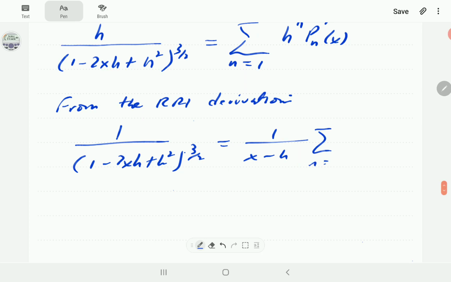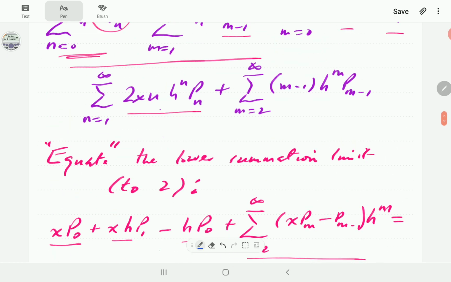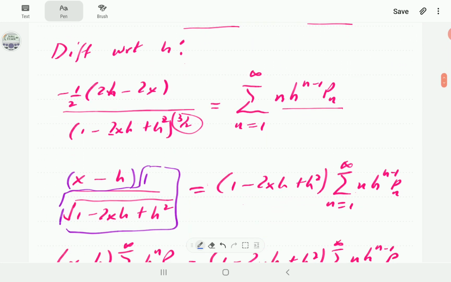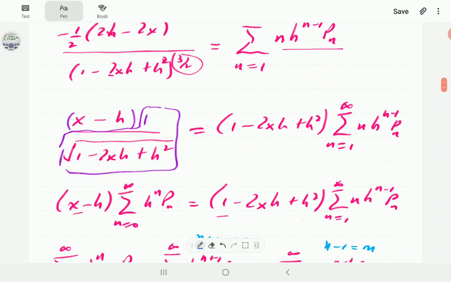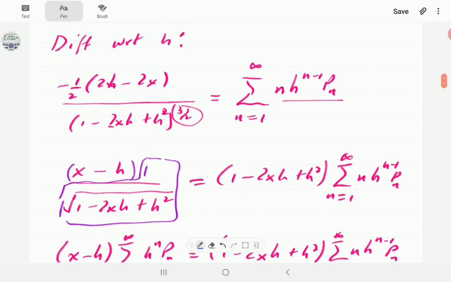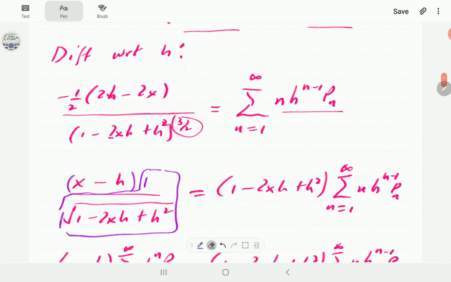I'll just scroll up in a moment to show you where we're getting this one. Remember when we differentiated here, I'm just going to tidy this up.